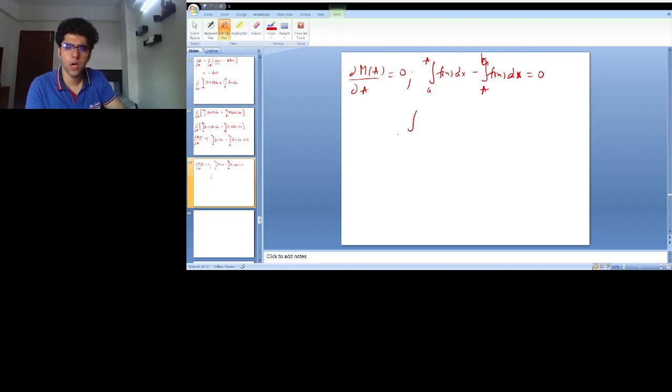Now if I just take this to the RHS, this becomes integral a to A of f(x) dx, and this becomes integral A to b of f(x) dx, right?